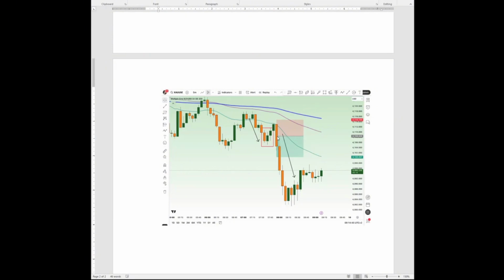So this is considered the perfect entry zone for us for the opposite position, like a sell signal.